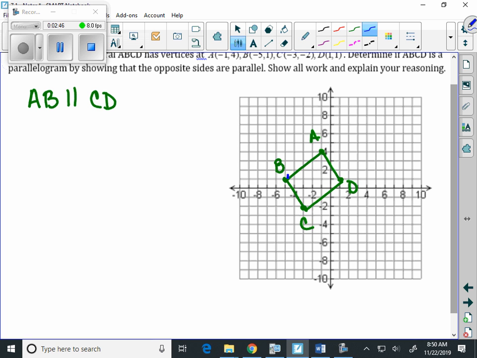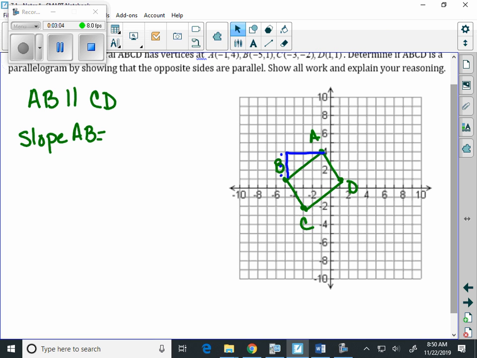But if we draw our rise over run, the definition of slope, for the slope of AB, we rise 3. We're going to run 1, 2, 3, 4 to the right. So rising 3 means positive, to the right means positive, so 3/4.